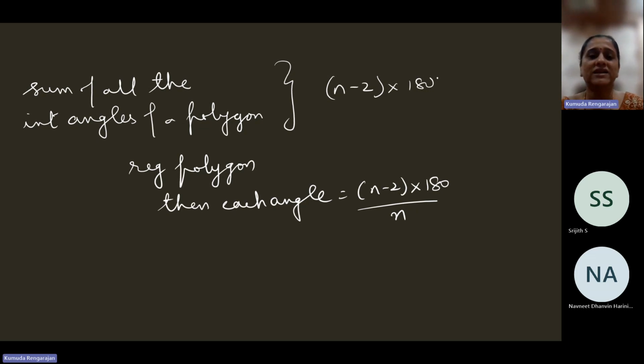So how many angles are there? N angles. How do you know? Because n sides means n angles. So each angle will be the total, n minus 2 into 180, divided by n angles, because n is the number of angles also.